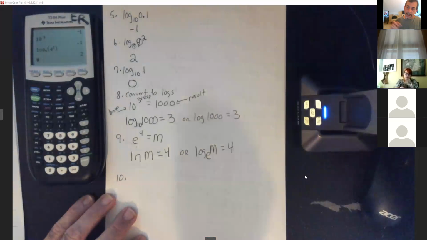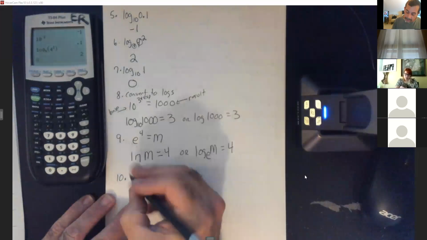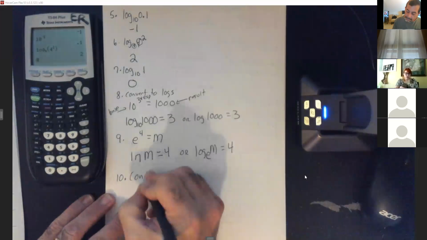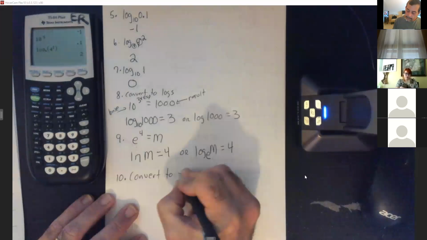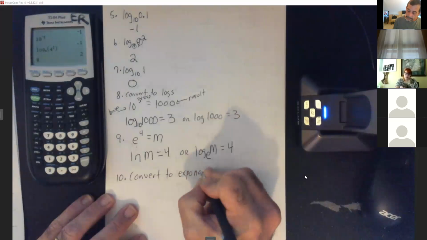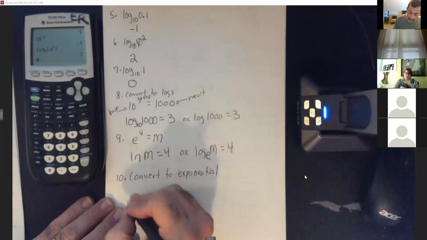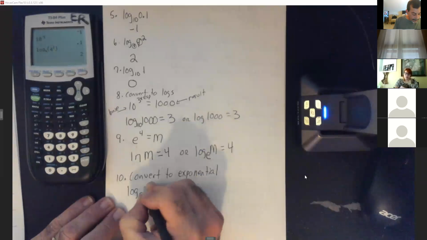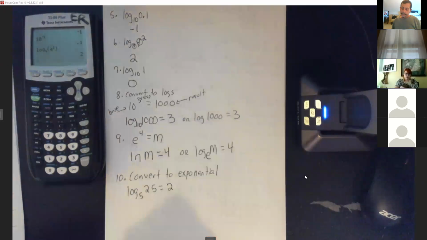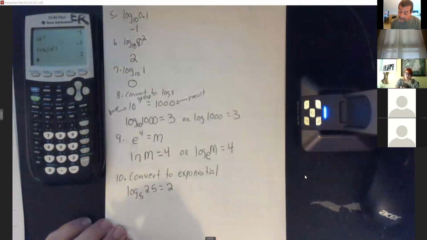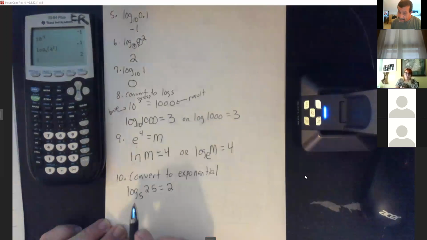All right, now we're going to convert to exponential. So we're going the other way. So log base 5 of 25 equals 2. So I'm going to rewrite it as exponential. So my base is the 5.